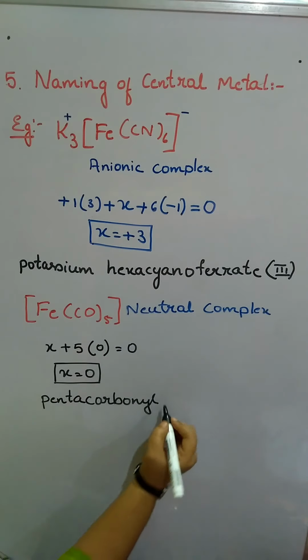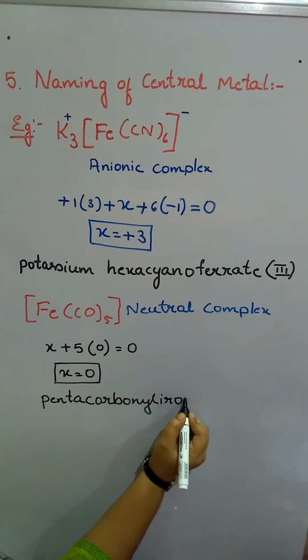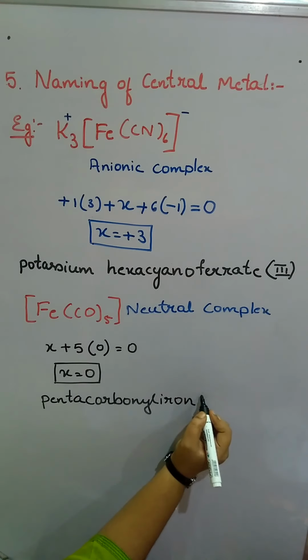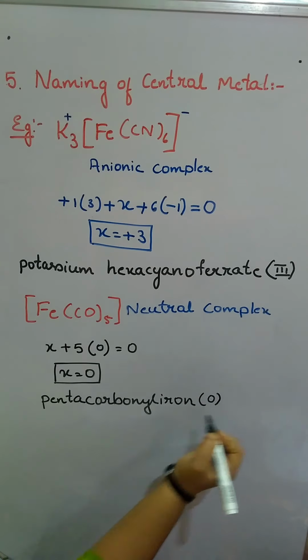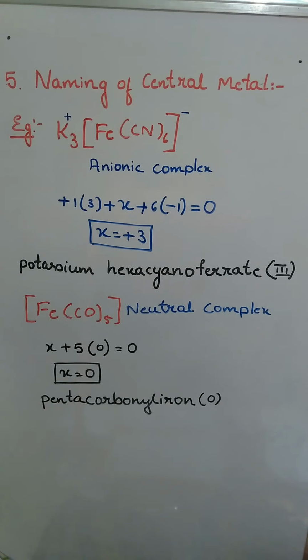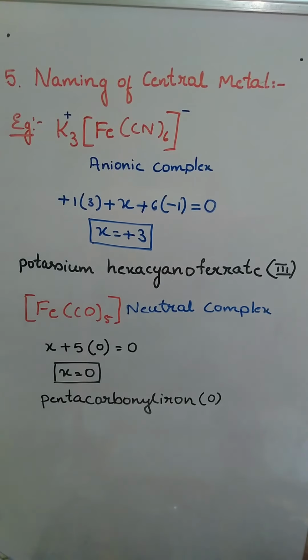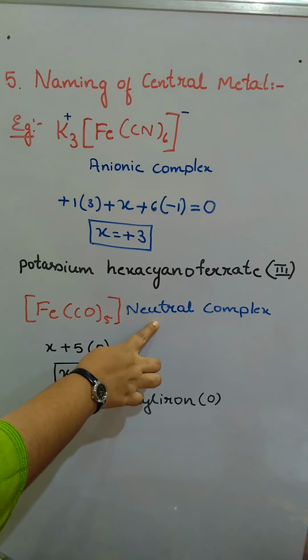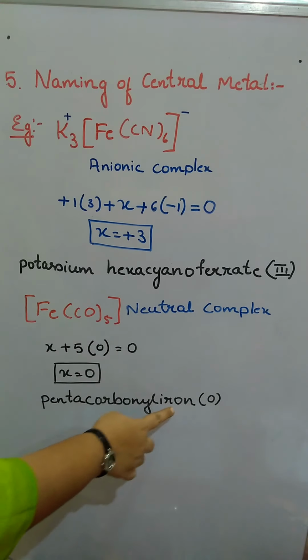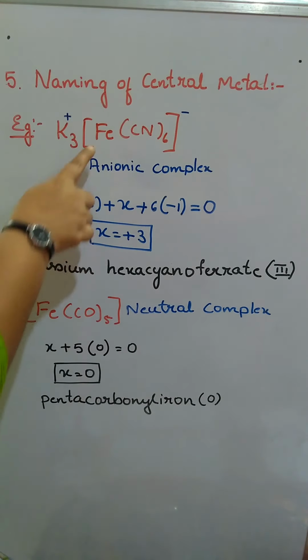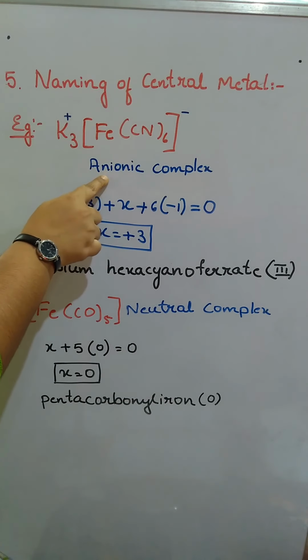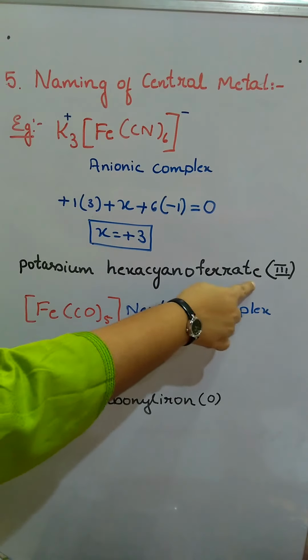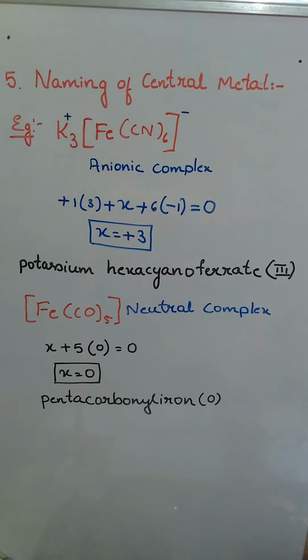So pentacarbonyl iron, it is in the 0 state, and even though it is 0, you should mention the oxidation state within parenthesis. So this is the name of this neutral complex: pentacarbonyliron(0). If it is the same iron but an anionic complex, the name changes to ferrate, and the oxidation state of that one is 3.